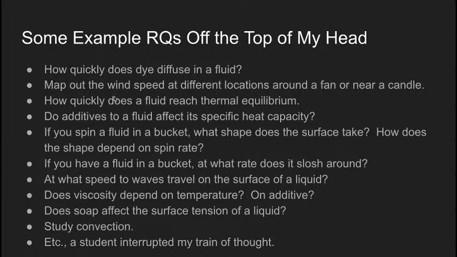Here's a research question. Map out the wind speed at different locations around a fan or near a candle. So how does wind speed depend on location? How quickly does a fluid reach thermal equilibrium? So how does the time to reach equilibrium depend on something? How does it depend on the mass of the system, or on the composition of the system, etc.? Do additives to a fluid affect its specific heat capacity?